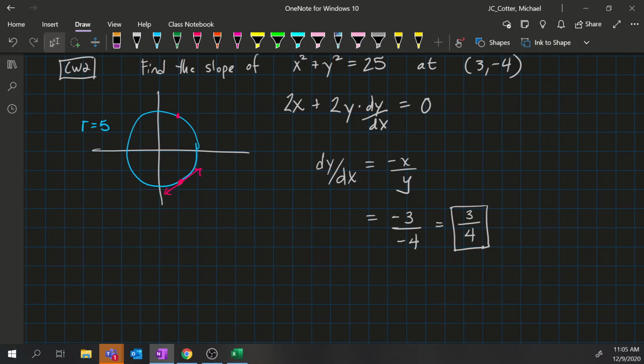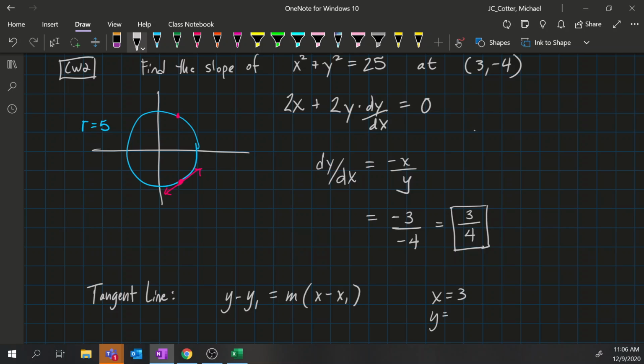Now, let's say you wanted the tangent line here. You don't have to write this down. But remember, the tangent line is always just this thing. It doesn't matter what the application is, the tangent line is always defined by that. So we have x is 3, y is -4, and our slope is 3/4.